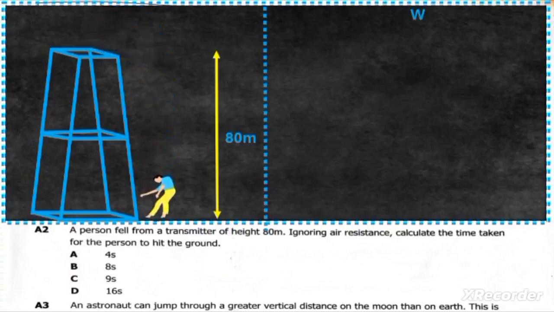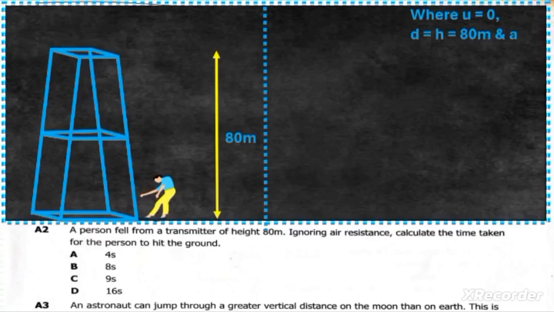Okay, so we know that the initial velocity is 0. Why are we saying so? This person is starting from rest. The person is jumping from the transmitter, so the initial velocity is 0 meters per second.